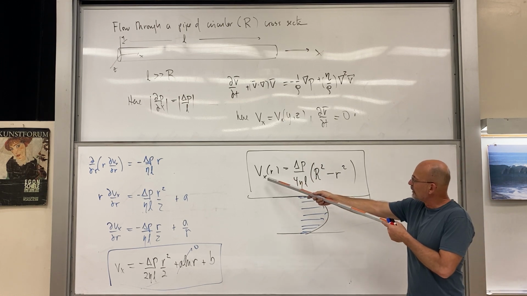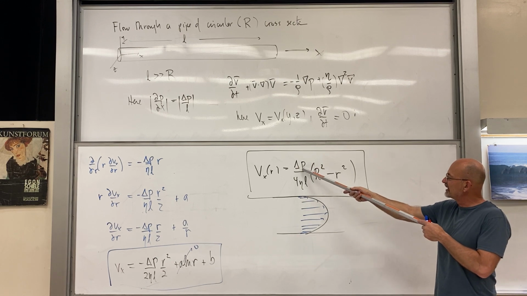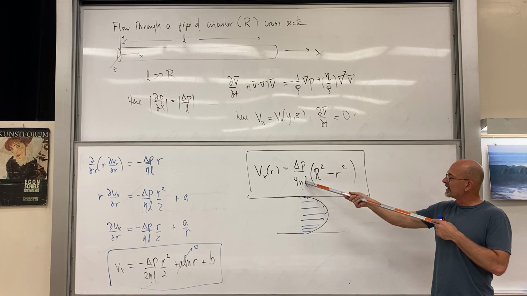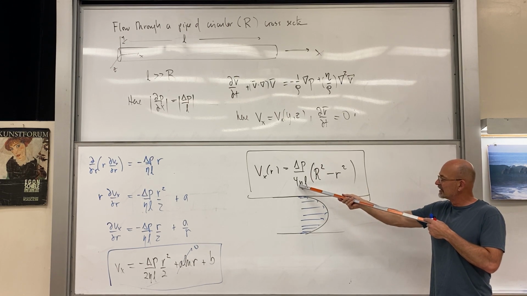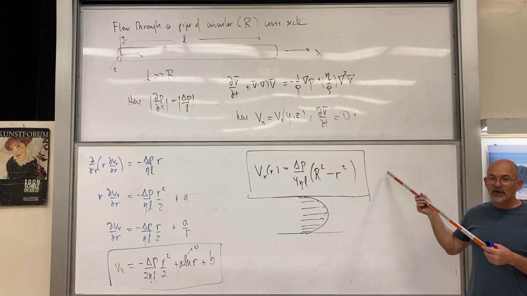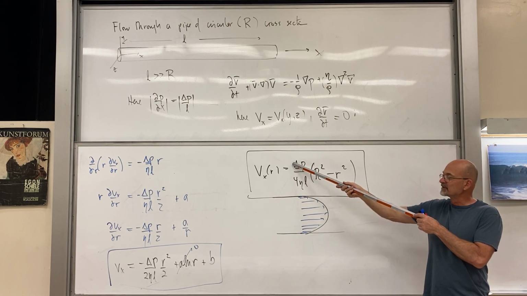So the flow speed through the channel is dependent on the pressure gradient linearly, and it's inversely dependent on the viscosity and L. So if your viscosity goes to 0, you'd be getting what? An infinite flow rate given a delta pressure.